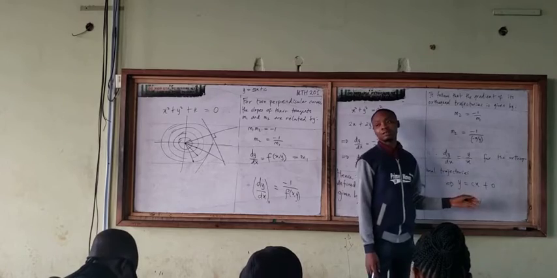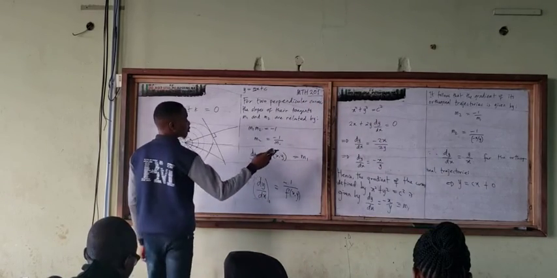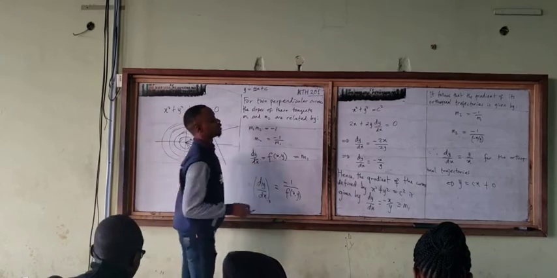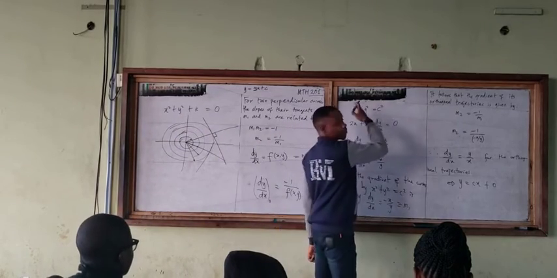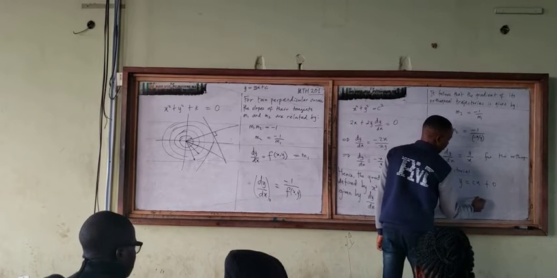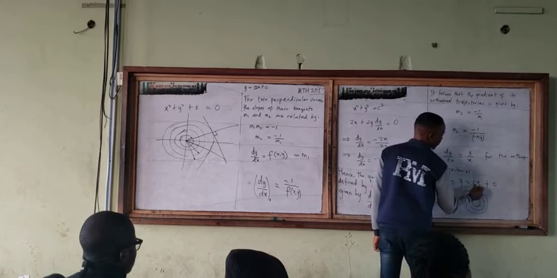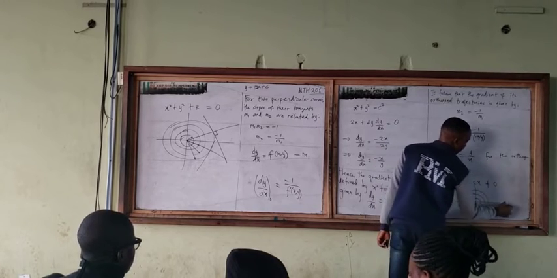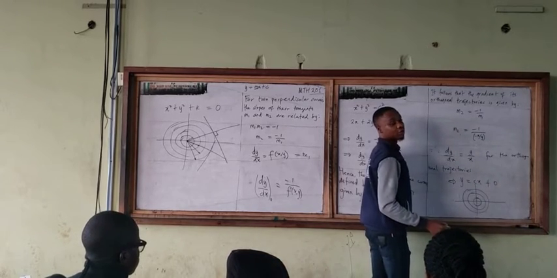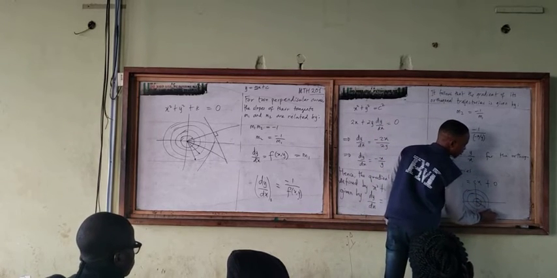Is it making sense? Okay, so that means that the orthogonal trajectories, of course I told you that if you were to plot this, this is a family of circles. So with center at origin, just like I wrote here on the board, we are going to have something like this. This will be the family of circles, and then the center is at the origin. So the orthogonal trajectory to it will just be straight lines passing through the origin.